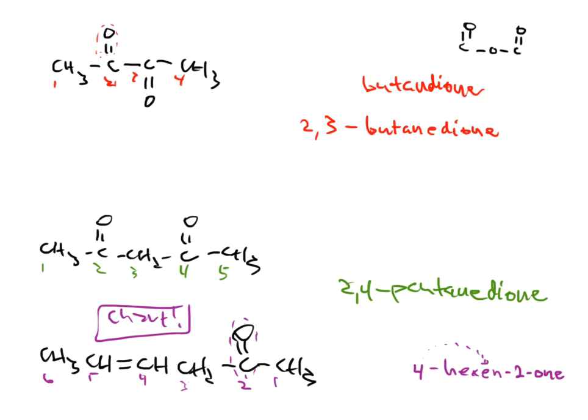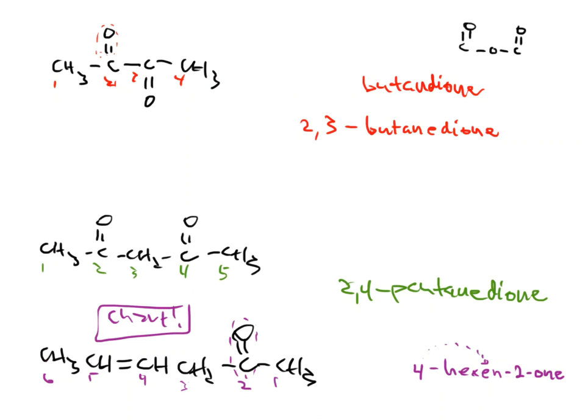So 4-hexen-2-one. This is the way that I make it very clear about which functional group goes to which carbon. We don't do this very often, but we have been forced to do it in the past. So we split up the endings. We give each ending its own number to make it very, very clear of where this molecule is headed. All right, so 4-hexen-2-one, and it's perfectly okay to do that type of thing.